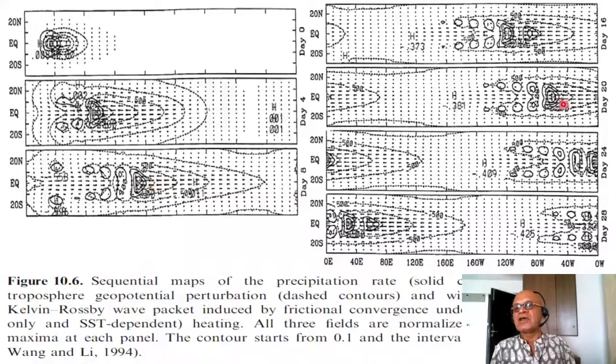And the dry Kelvin wave goes around the planet and comes back, and the frictional convergence here is argued to explain also the longitudinal dependence of the propagation speeds of the MJOs. Well, that is one explanation in this model, in this particular chapter.